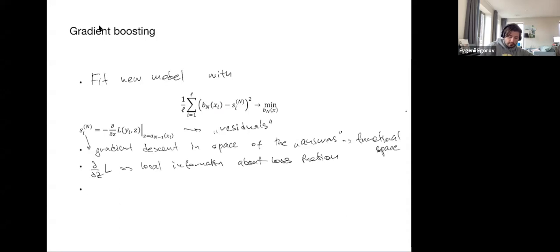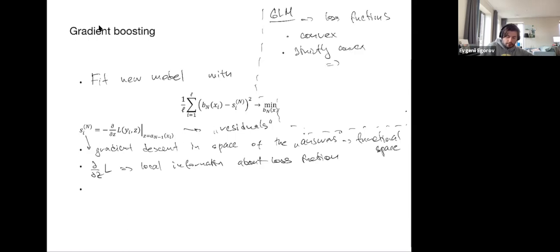This is maybe a somewhat missed point in our discussion, but maybe we discussed it when we talked about GLM models. From this, it should be clear that the loss functions that we use to solve any task should be convex, and also strictly convex, so they should have a unique minimum value.